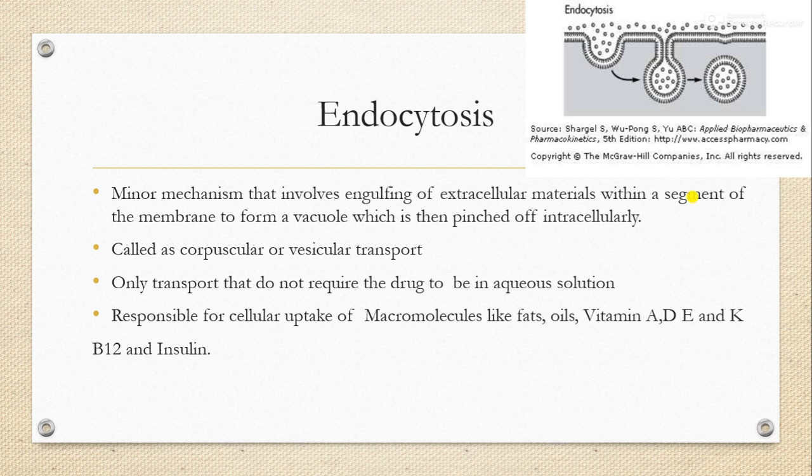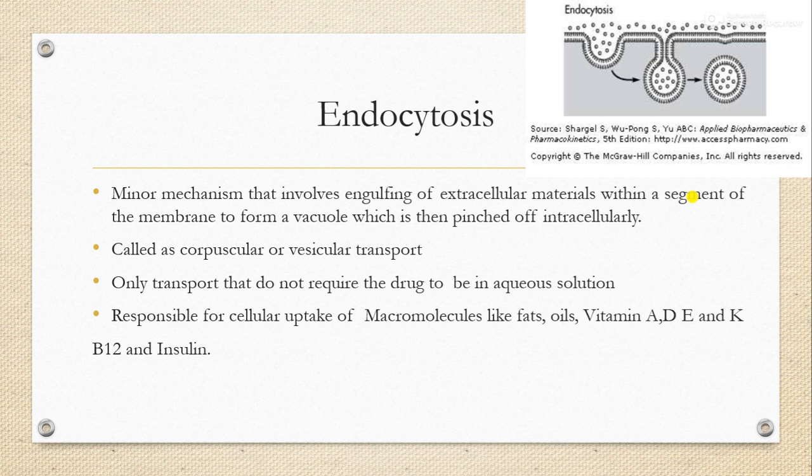The next mechanism of absorption of drug is endocytosis, which is obviously a minor mechanism and involves engulfing of extracellular material within a segment of the membrane to form a vacuole, which is then pinched off intracellularly.